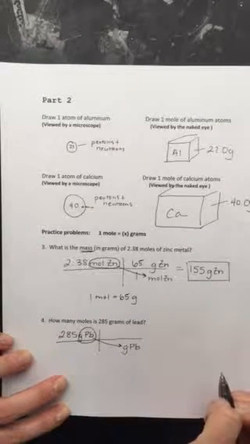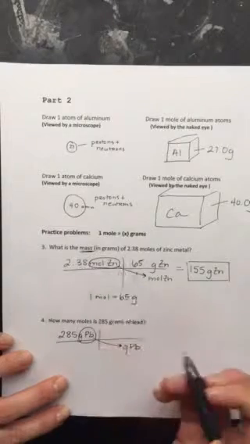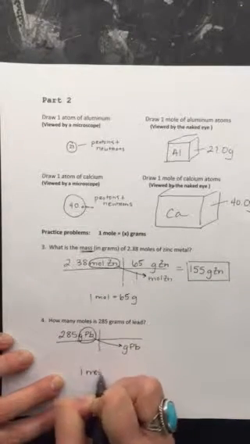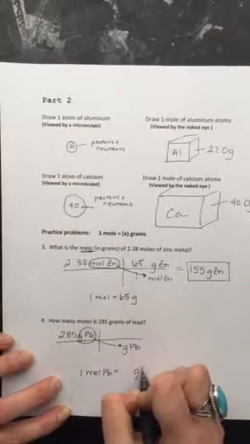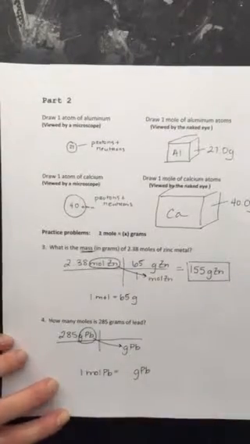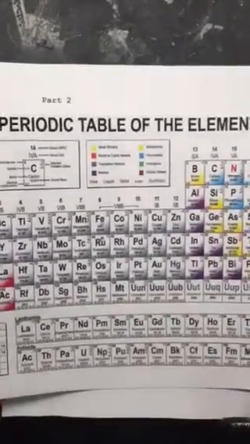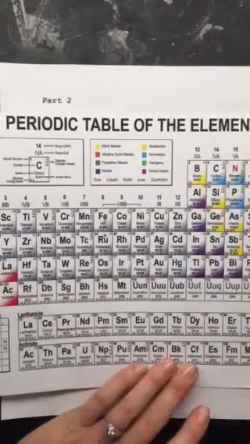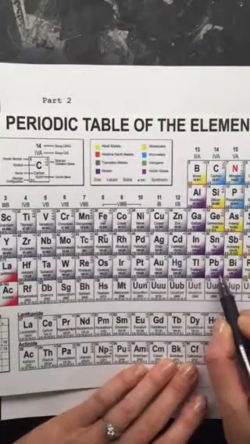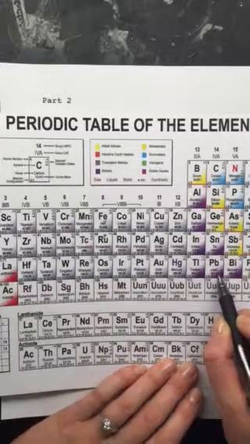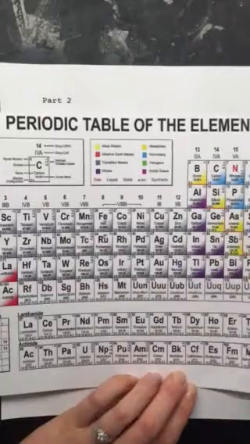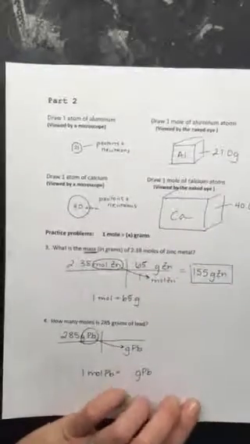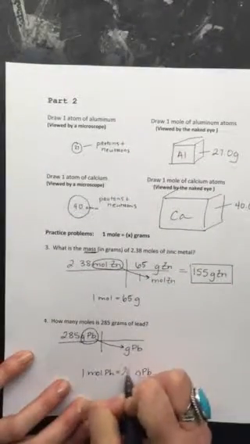We're going to use the same conversion factor: 1 mole of lead is equal to however many grams of lead we see on the periodic table. So we'll find lead. Here it is, number 82, and the mass number here is 207.2. So for every 1 mole of lead, there are 207 grams of lead.